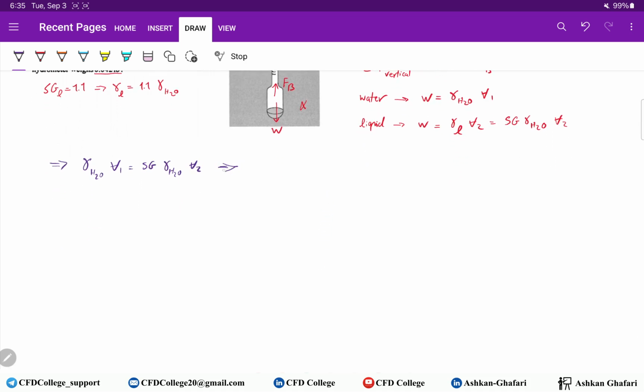So from this we can find that V2 equals V1 divided by Sg.